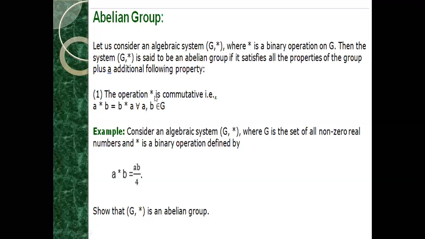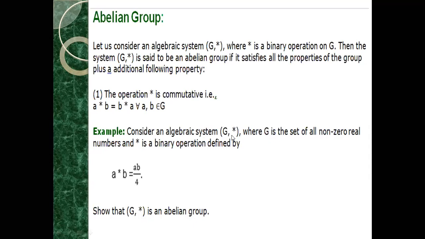The operation star is commutative, that is a star b is equal to b star a for all a, b belongs to G. So when we say that the given group G is an abelian group, (G, star) with star a binary operation on G, then (G, star) is said to be an abelian group if it satisfies all the properties of the group with the additional property a star b is equal to b star a, then I say that G is an abelian group. So let us consider an example.